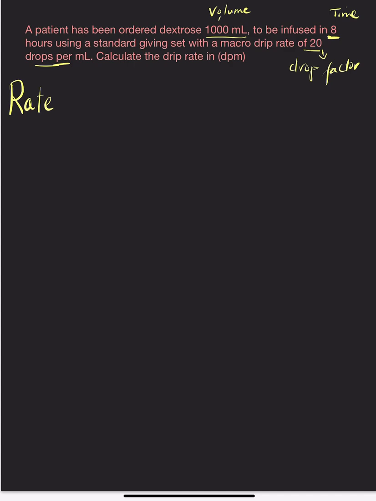So this question is asking for a rate in drops per minute. Or you might see some books using what we call DPM, which is the same thing. You'll see them in the books. It just means drops per minute.